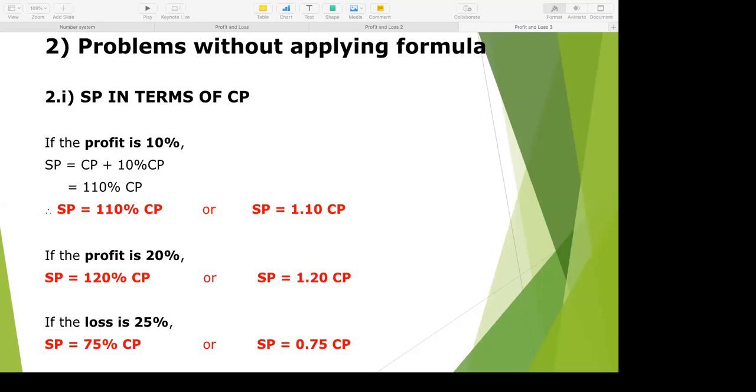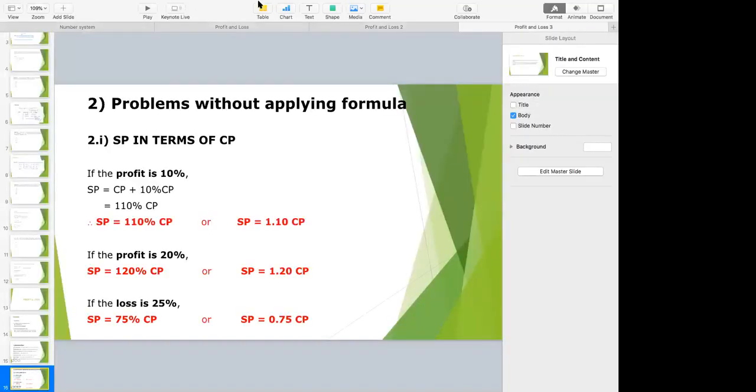How did I get this 75? It is 100 minus 25. Initially, how did we get this 120%? We got it by 100 plus 20, because we were having a profit. In the last case, we are having a loss, so it's going to be 100 minus 25. That becomes 75%.